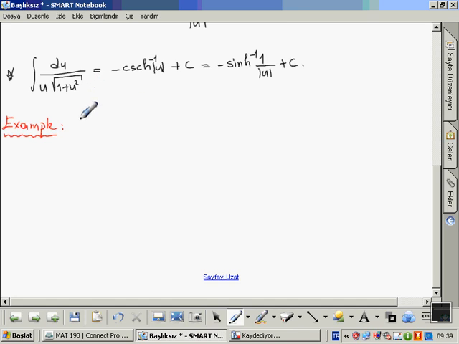Example: the integral of 2 dx over the square root of 1 plus 4x squared. If you choose u equal to 2x, then du will be 2 dx.